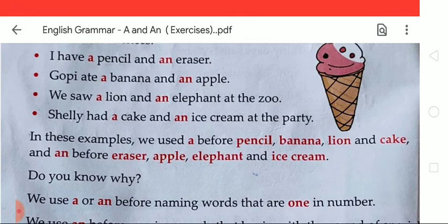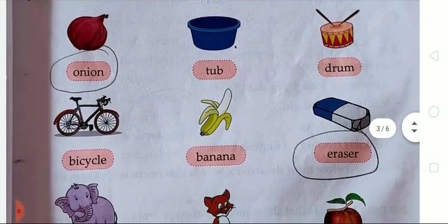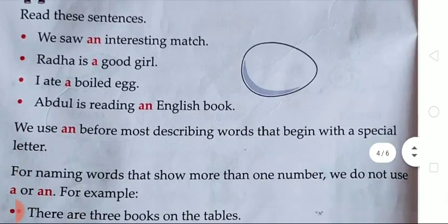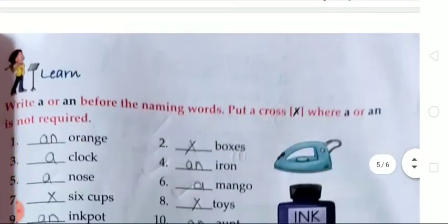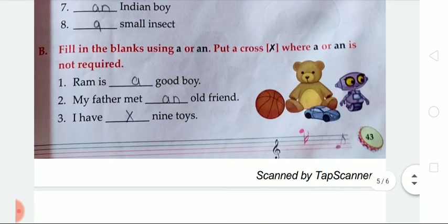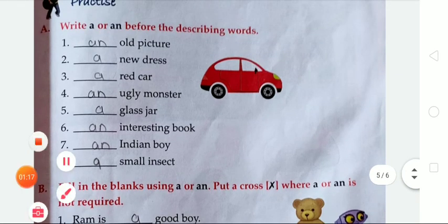We have already completed some exercises that are given on page number 41 and 42. Now we are moving to the next exercise, given on page number 43. You all open page number 43 in your Tune Into Grammar book and we're going to solve the given exercises.